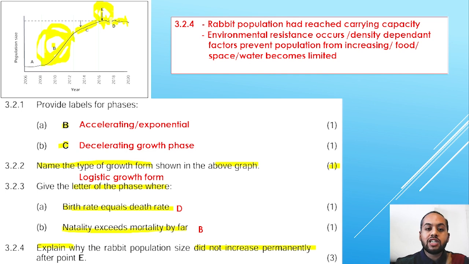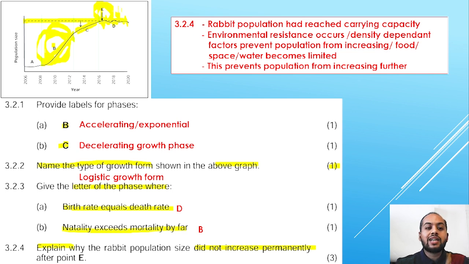Environmental resistance is going to come into play. Density-dependent factors will come into play. The rabbit population will experience a shortage of food, space, shelter, water, etc. This prevents the population from increasing further. So let's re-explain 3.2.4. We see the rabbit population reached carrying capacity, the dotted line.